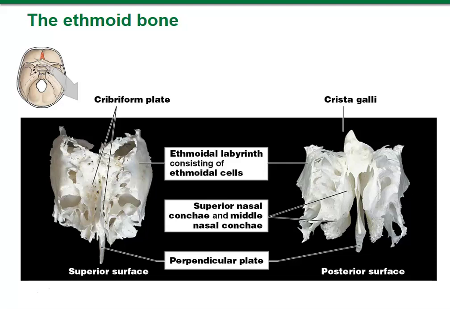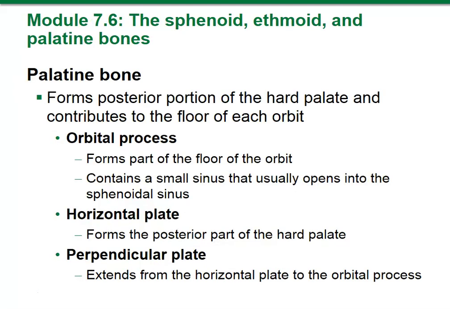So the ethmoid bone is that really small bone right down the center here. Obviously, they've just really blown it up really large there for you to see it.